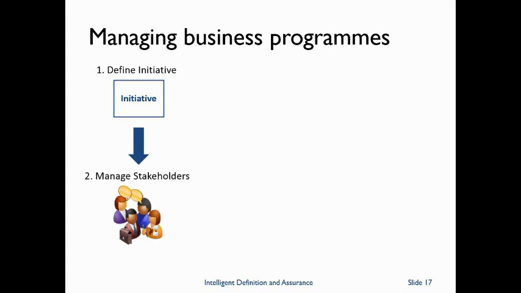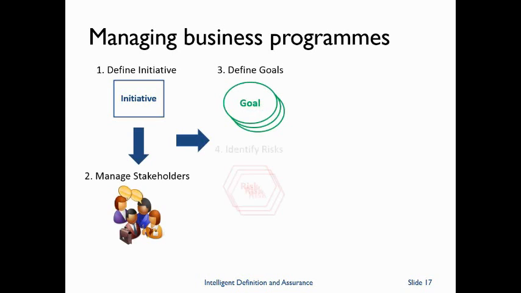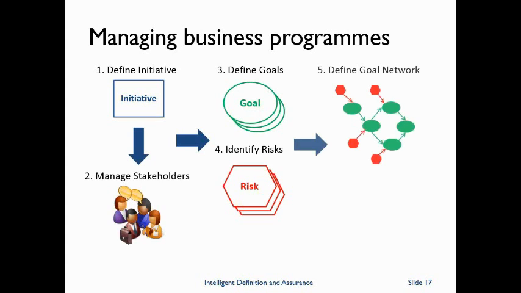We have a set of stakeholders who contribute, who will benefit, who will support or possibly oppose this program, and we need to understand their relationships and how we engage with them. There's a set of intermediate as well as a final ultimate goal. We need to understand what those goals are and how we measure achievement. And associated with each of those goals are a series of risks that threaten the achievement of those goals.